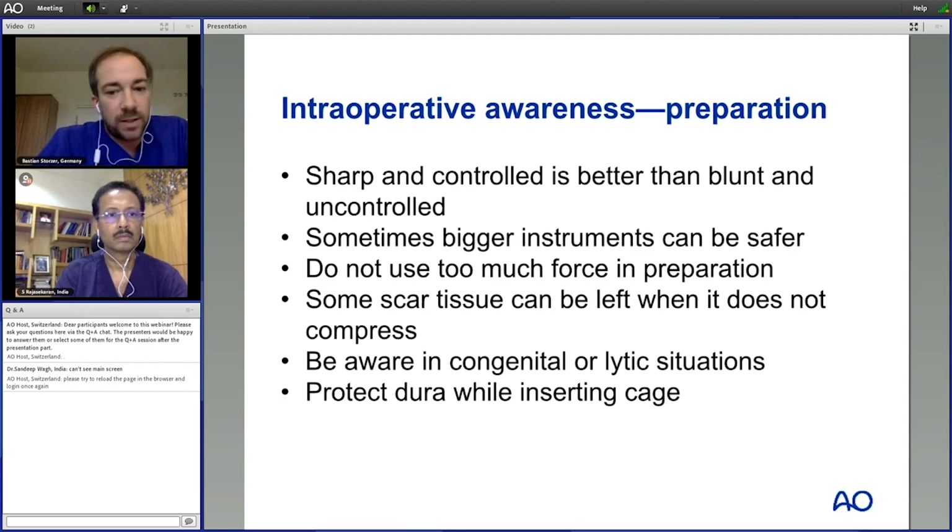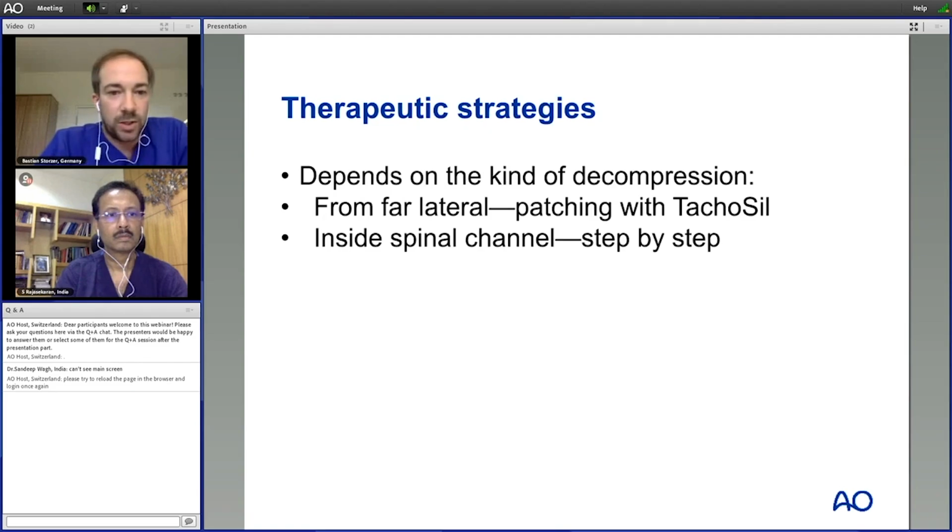Sometimes bigger instruments can be safer because they are not so pointy. And of course, do not use too much force in preparation. Some scar tissue can be left when it does not compress and when you have a good decompression. Be aware in congenital situation, and of course protect the dura while inserting the cage.